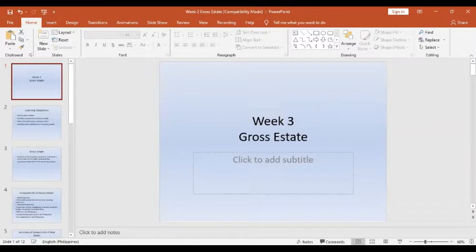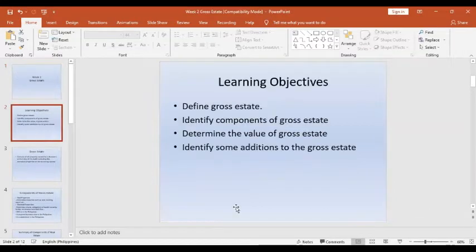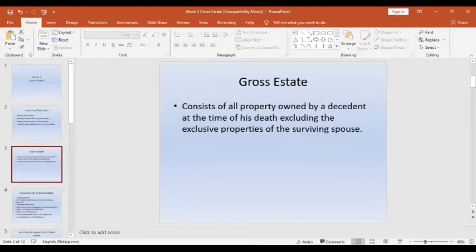So again, we will discuss the inclusions of the properties that are subject to gross estate. Our learning objectives are to define the gross estate, to identify the components of the gross estate, to determine the value of the gross estate, and to identify some additions to the gross estate.